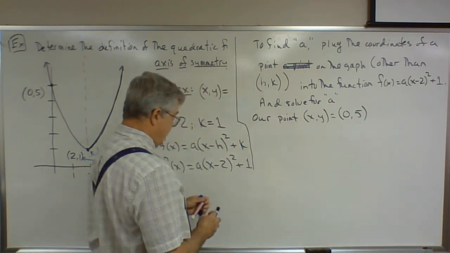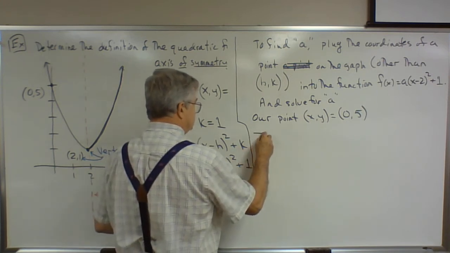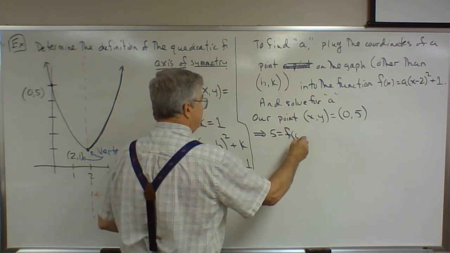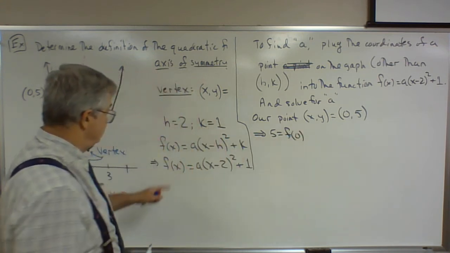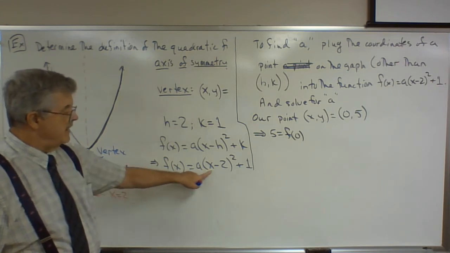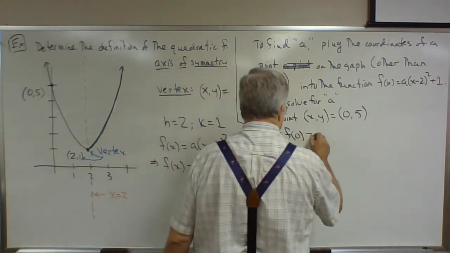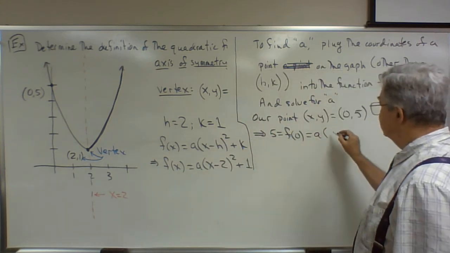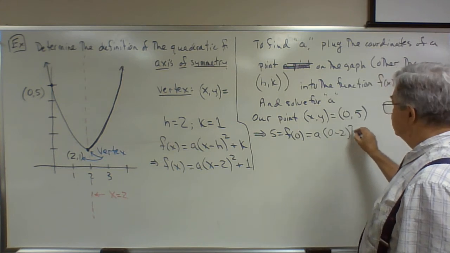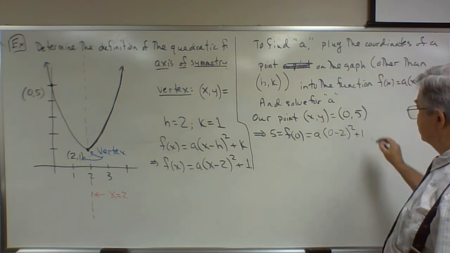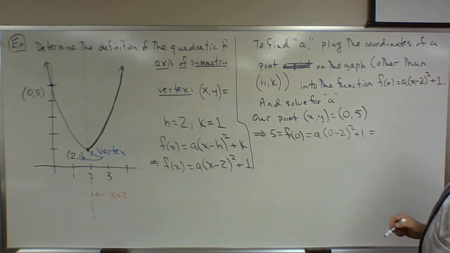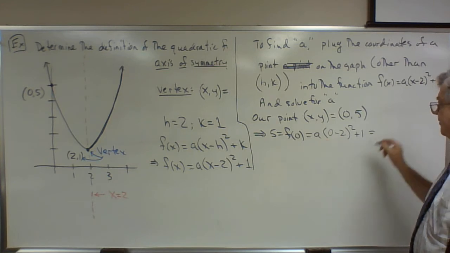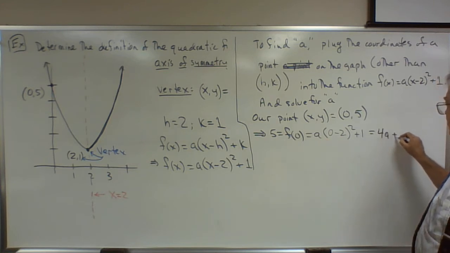So let's write that down. 5 equals f evaluated at 0, plugging in 0 for x, and that equals a times (0 minus 2) squared plus 1. So we have negative 2 squared is 4 times a, so that's 4a plus 1.